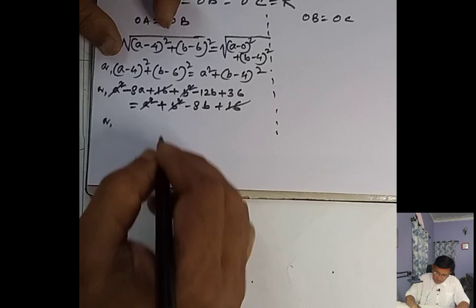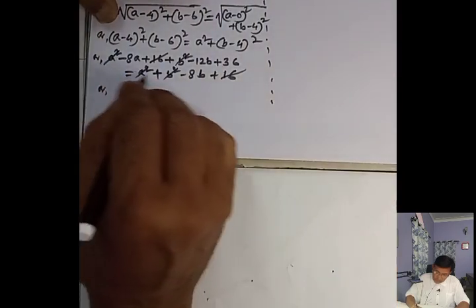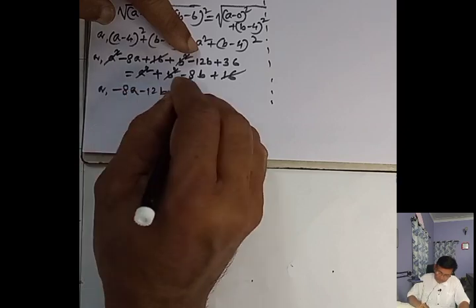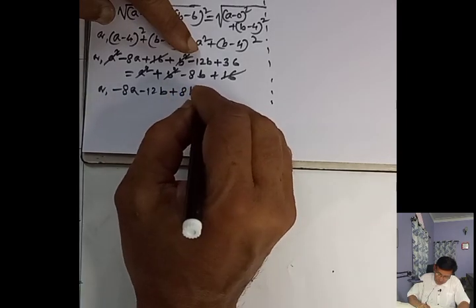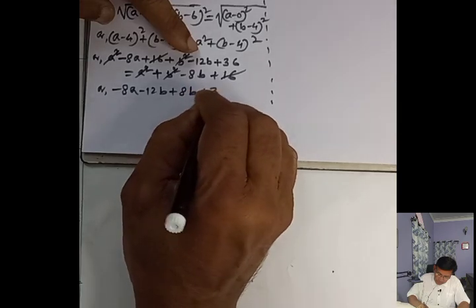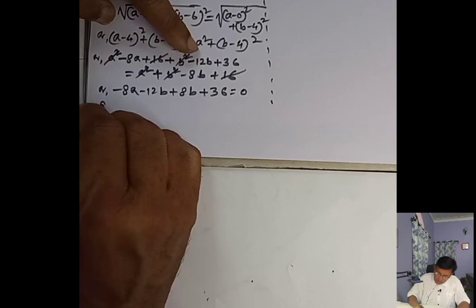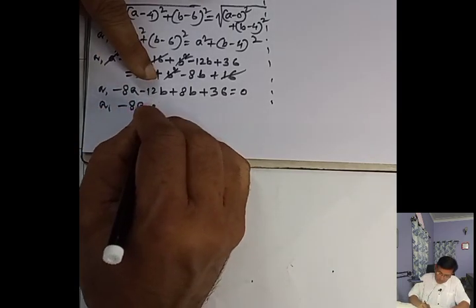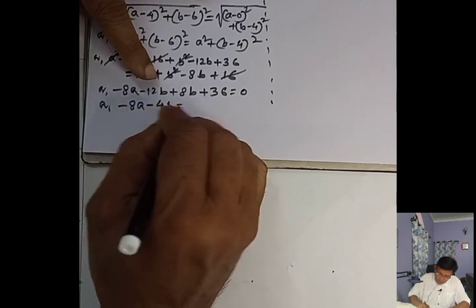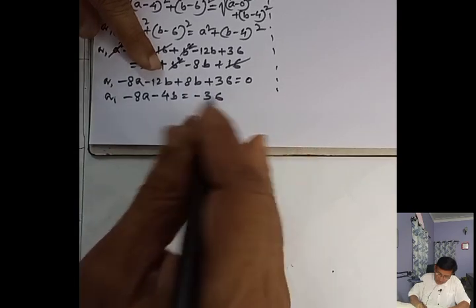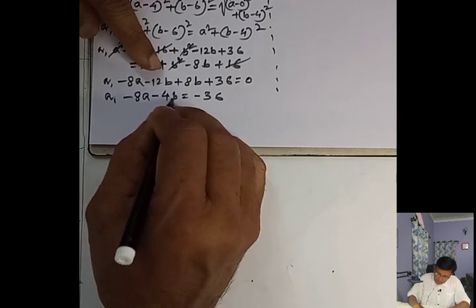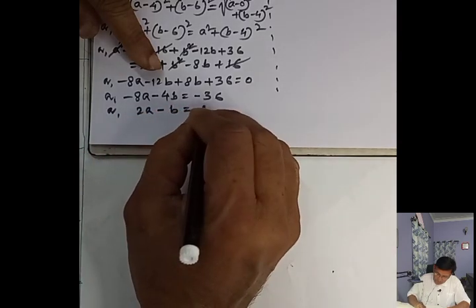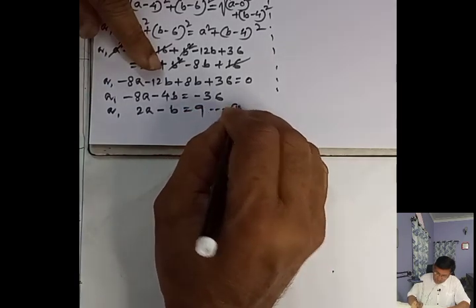So finally we will get minus 8a minus 12b plus 8b plus 36 is equal to 0, or minus 8a minus 4b is equal to minus 36. We can divide both sides by minus 4. That will give us 2a plus b is equal to 9. This is equation number 1.